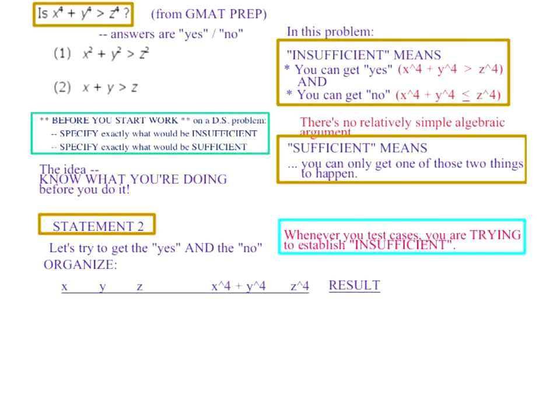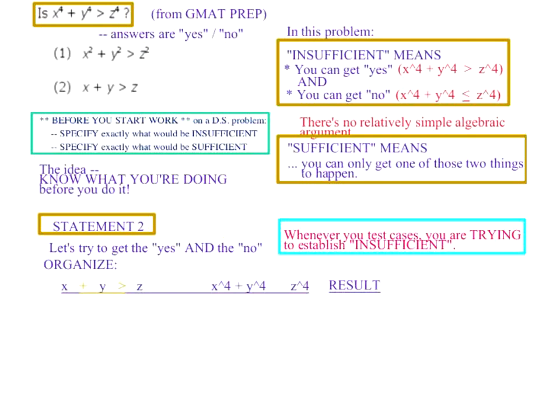So that's an organized approach. Make sure you organize things like this first. The constraint that we have to satisfy here is that X plus Y has to be greater than Z. So let's make that happen.